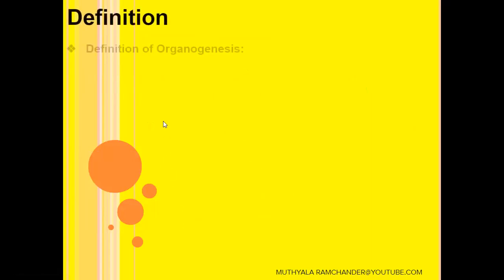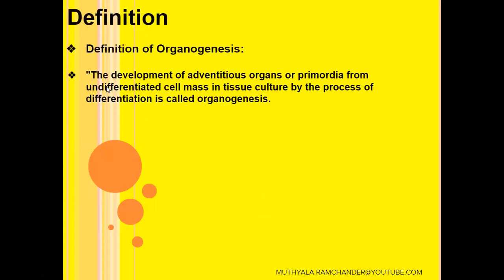A definition of organogenesis: the development of adventitious organs or primordia from an undifferentiated cell mass in tissue culture by the process of differentiation is called organogenesis.